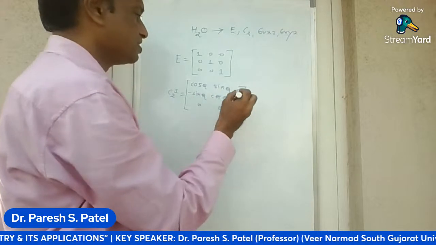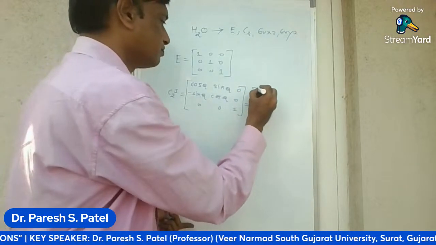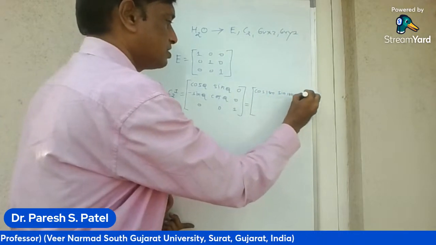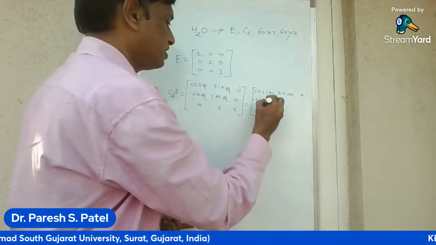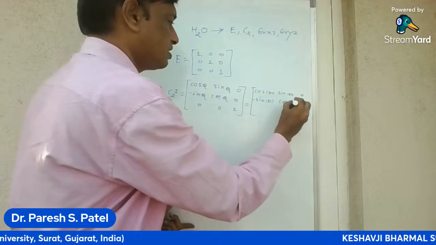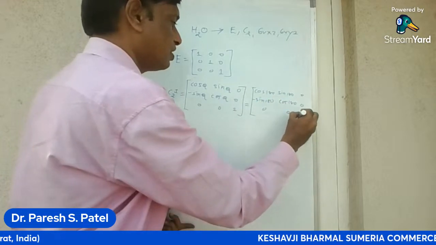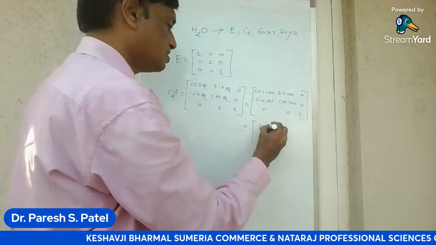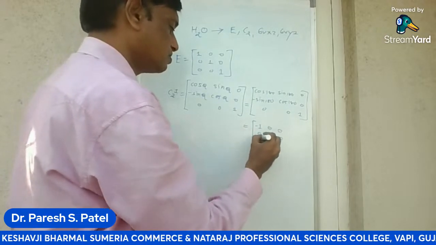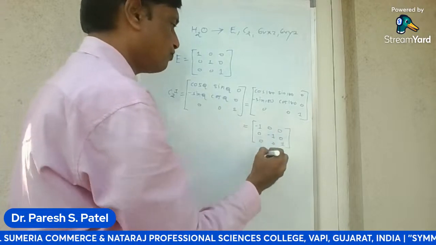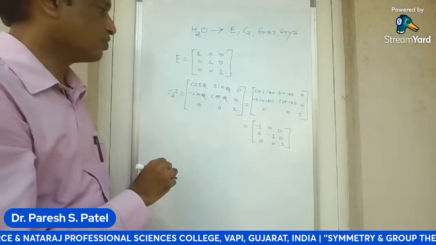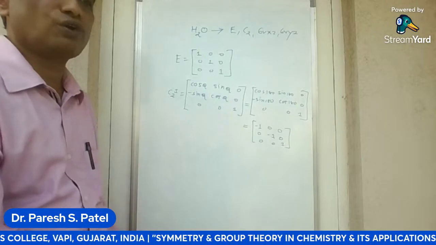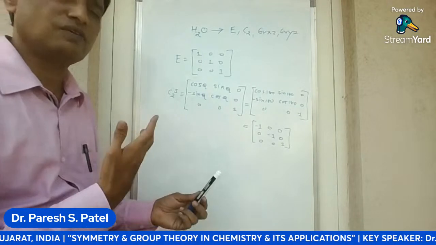So with cos theta equal to cos 180, this gives minus 1, 0, 0, 0, minus 1, 0, 0, 0, 1. The value of cos 180 is equal to minus 1. In the case of the water molecule, we can go for either clockwise or anti-clockwise rotation, and the answer will be the same.